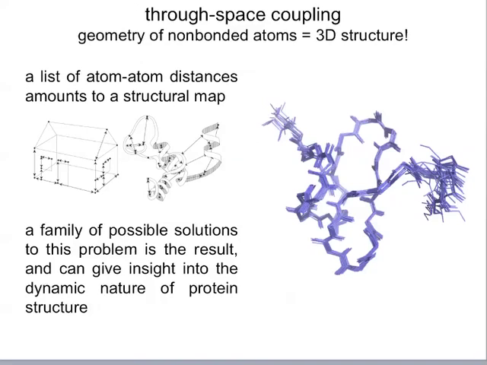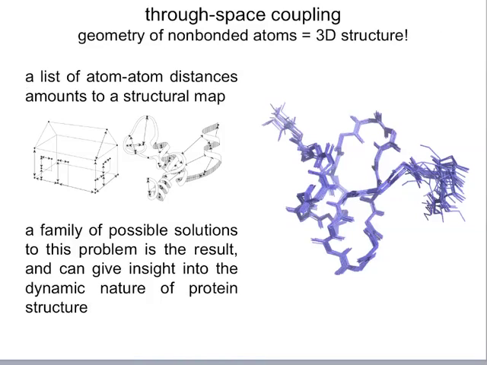Now, the problem with this method of molecular structure determination is that identification of each of those resonances as belonging to a particular atom doesn't tell us much about the spatial distribution of those atoms. And so there's more that we need to do than assigning resonances to atoms. And this is using a kind of NMR spectroscopy that's sensitive to through-space coupling.